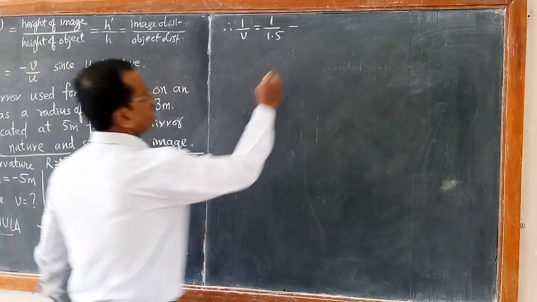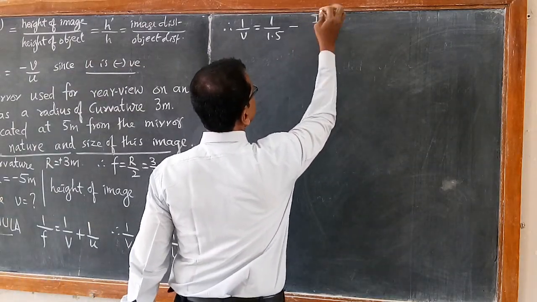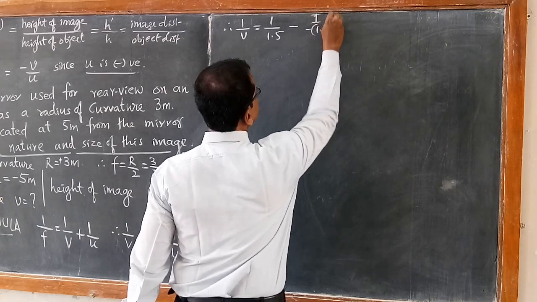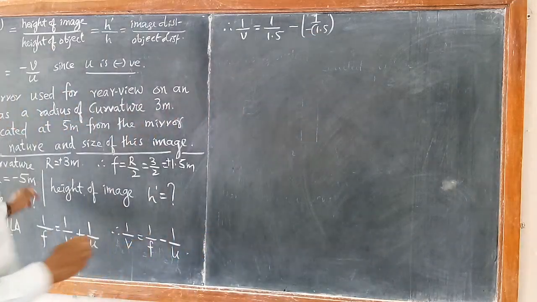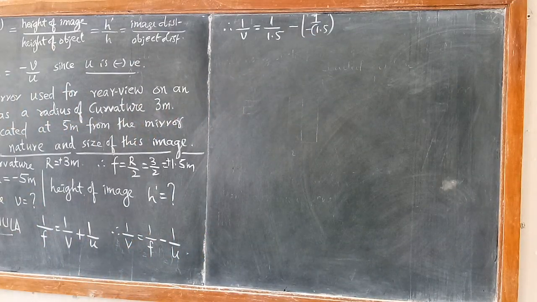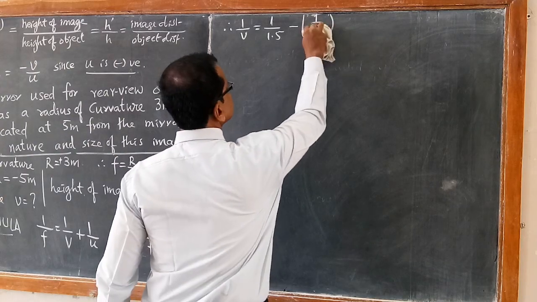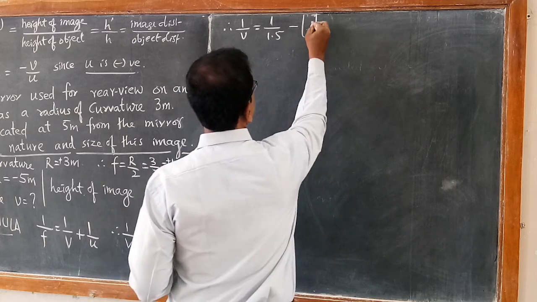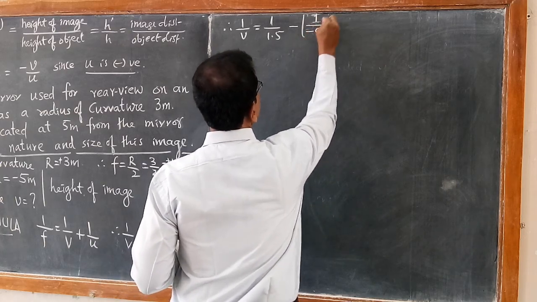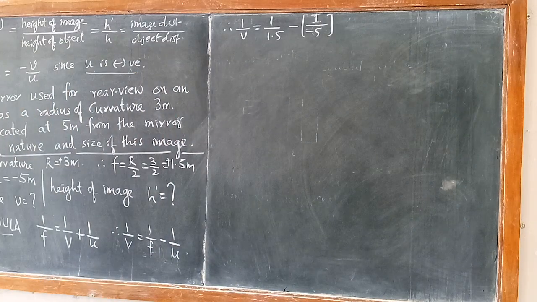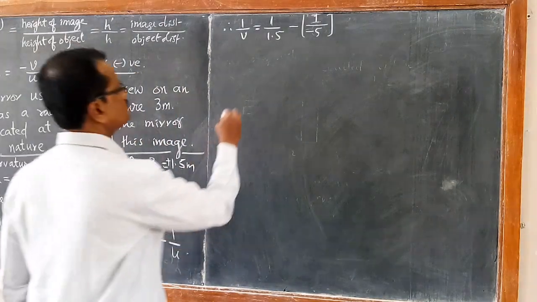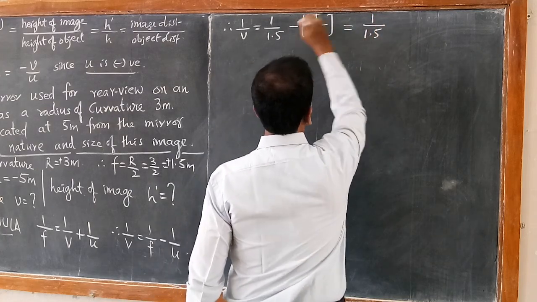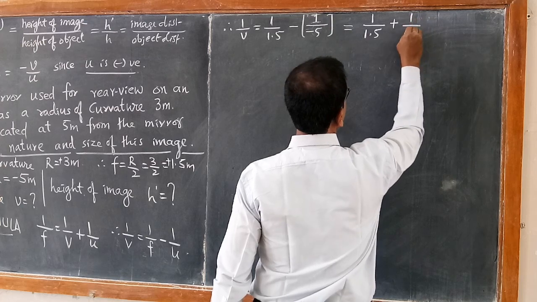So it becomes 1 by 1.5 minus 1 by minus 5. Minus of minus 5 becomes plus 5. Therefore, it becomes 1 by 1.5 plus 1 by 5.